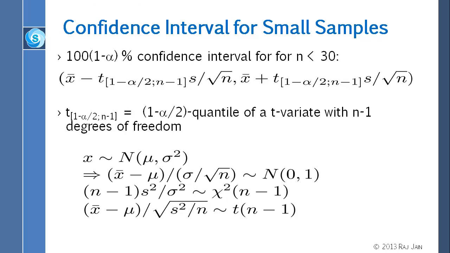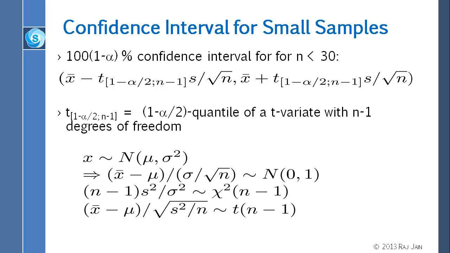And so based upon all that, since this is what S is, if your observations are normally distributed, then the way you calculate sample variance is you square the observations and then you add them up. So the sum of the squares of the normal is chi-squared. Then you take a square root, and so on. So when you do that, it turns out that this is the formula, the t distribution.